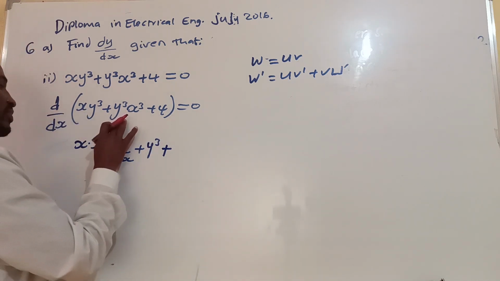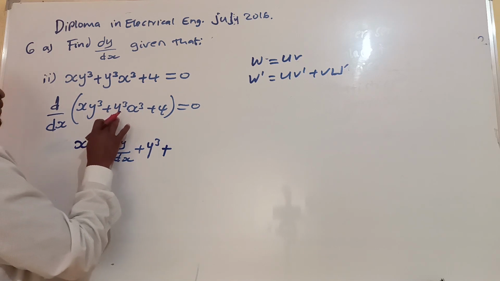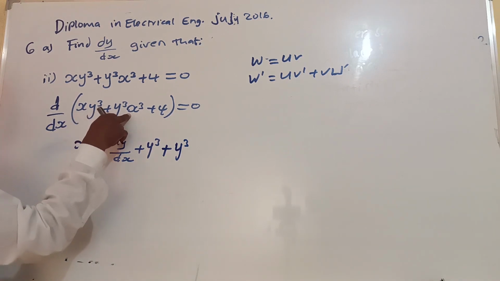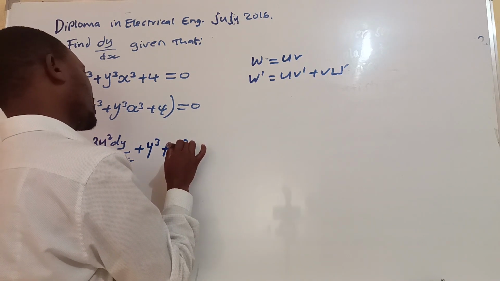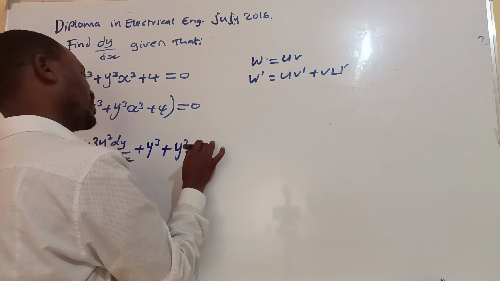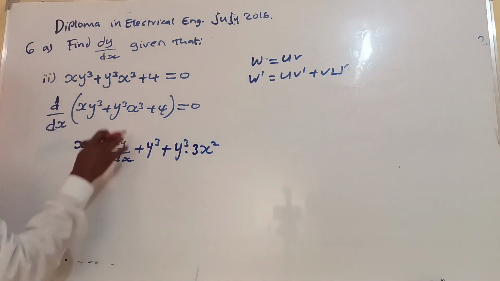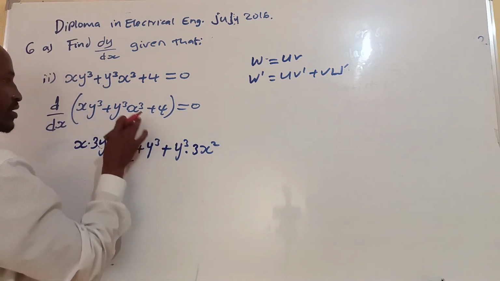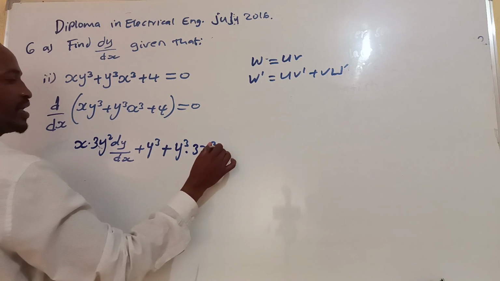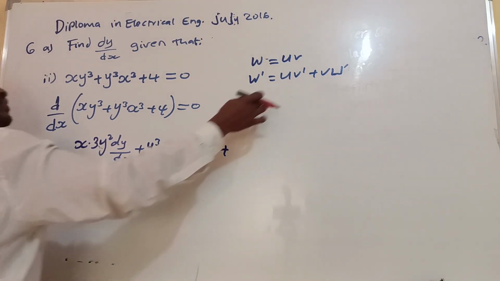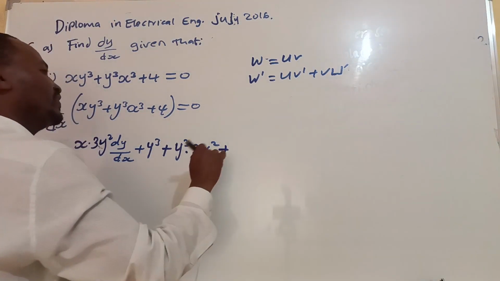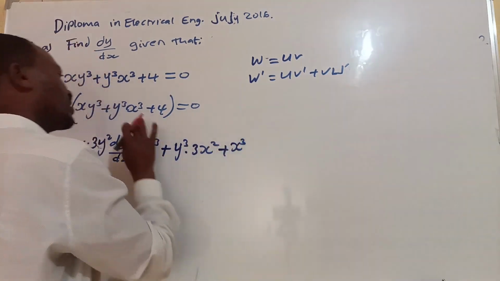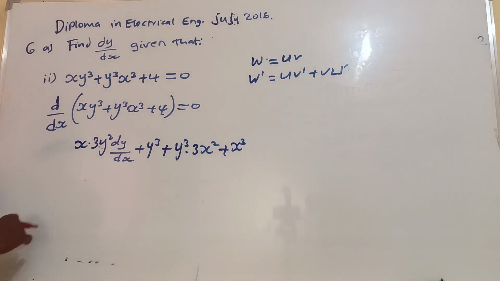Plus take this one, what is our u in this case? Take the first one to be our u, it is y cubed. Differentiate x cubed with respect to x, that will be 3x squared, so that you have evaluated u v prime plus, you are using product rule, so you need to get the next one. It is v, what is our v? x cubed is our v.